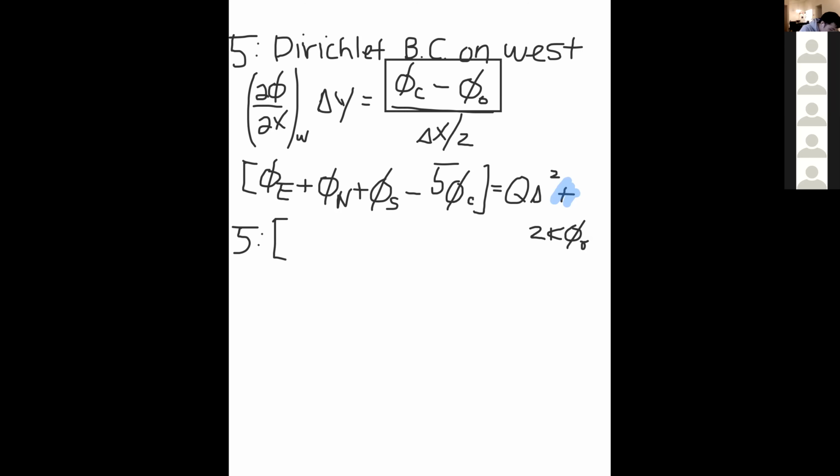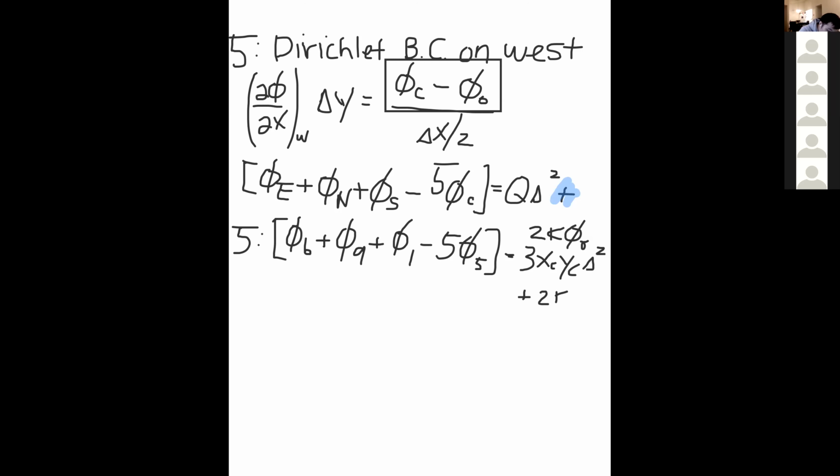The east neighbor for 5 is going to be 6, so we have phi 6, plus the north neighbor, which is 9, plus the south neighbor, which is 1, minus 5 phi c, is equal to 3 xc yc delta squared, plus 2 times k, where k is -1, times phi naught, where phi naught in that case is 50. So that right there is your equation for cell 5.